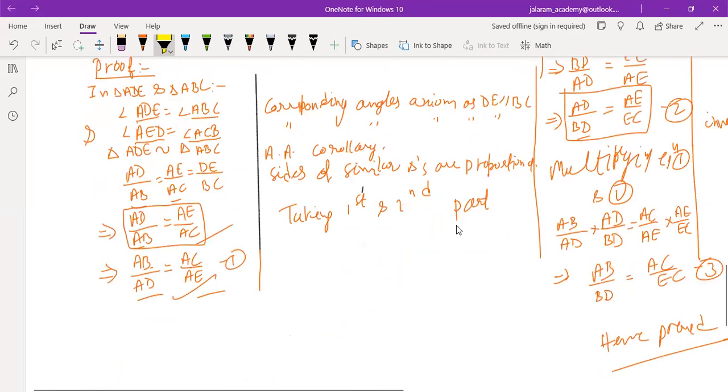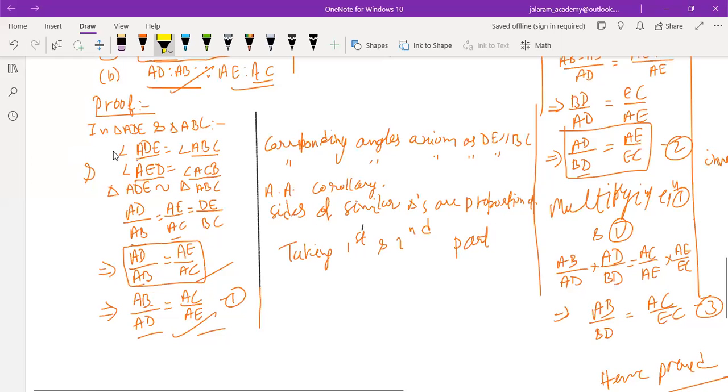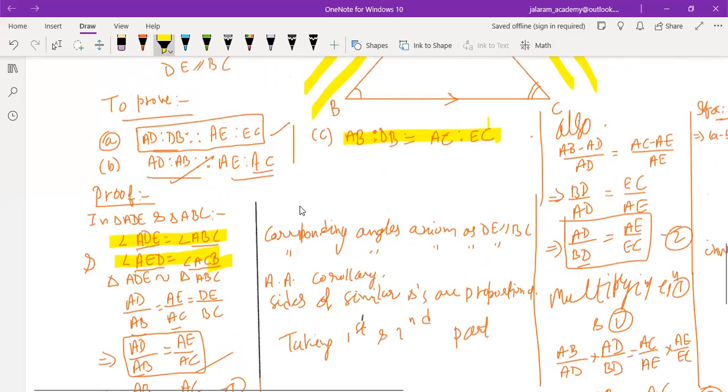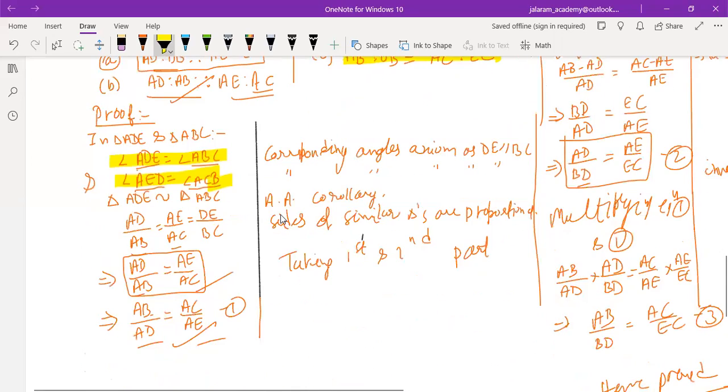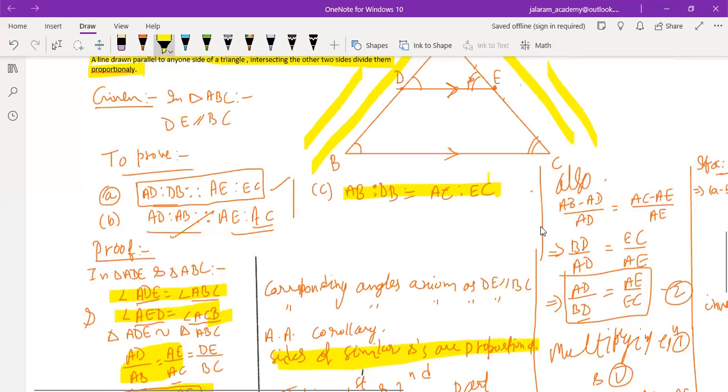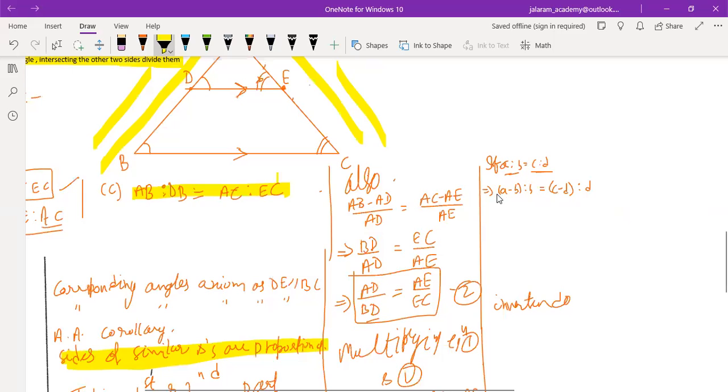And we have proved it by using the properties of similarity, that if any two angles of two triangles are the same, the two triangles are similar to each other, and if two triangles are similar, then their corresponding sides will be proportional. Sides of similar triangles are proportional, and when we have taken only the first and second ratio, the required result is clearly obtained when we use this property, which is called dividendo.